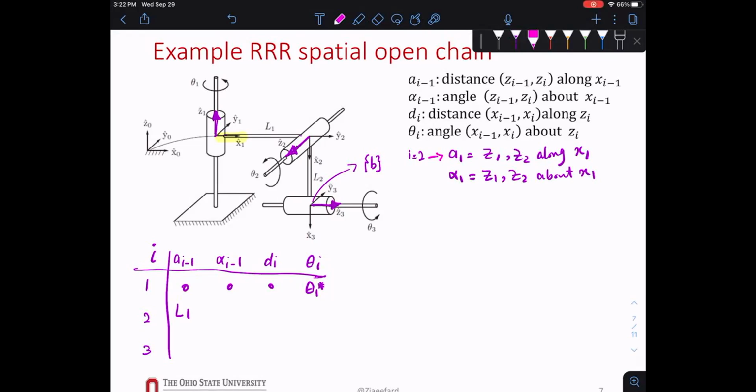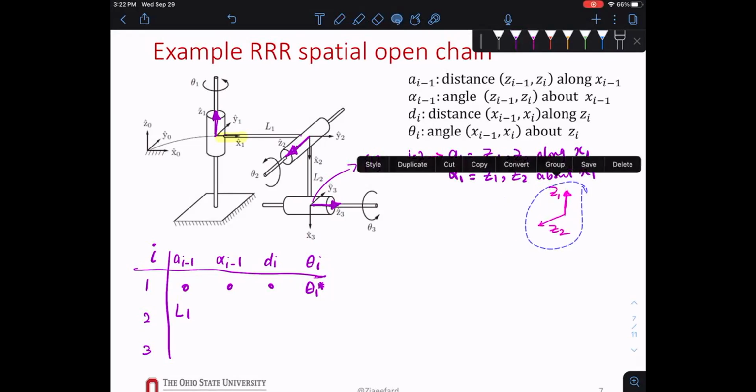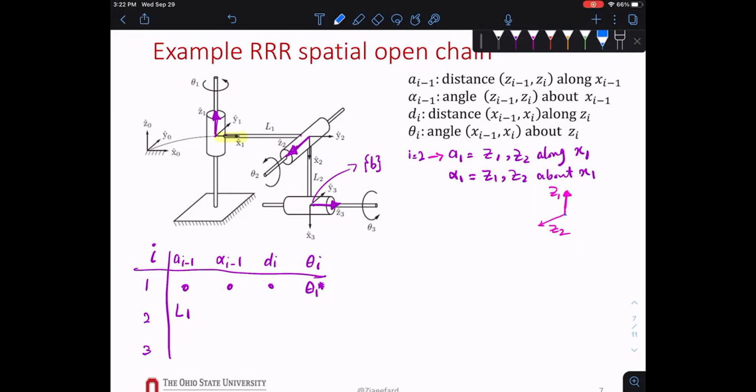So I'm gonna draw Z1, and then this is Z2, so this is in 3D. And then this is X1, right? Does everybody see that? So all I did, I grabbed Z1 and Z2 and X1 just outside so I can see the rotation.